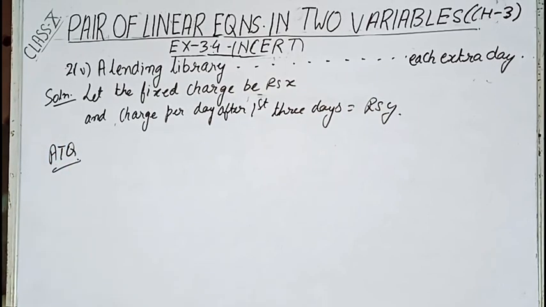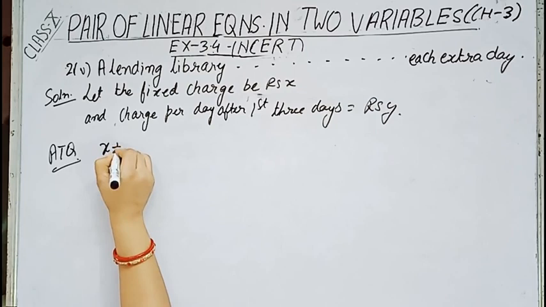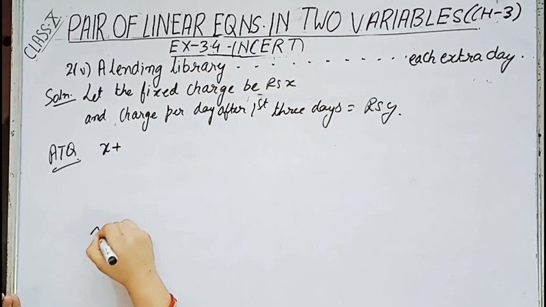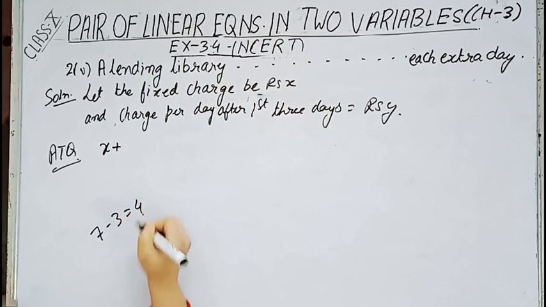the question is saying that Sarita paid rupees 27 for a book which she kept for 7 days. Now in 7 days, for the first 3 days the fixed charge is taken, so x for 3 days, and she is returning after 7 days, so 7 minus 3 will be 4.